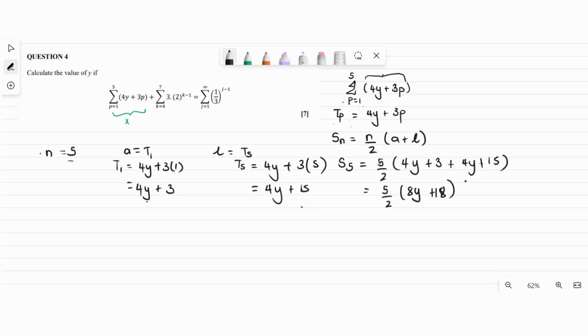So we're going to distribute the 5 over 2. So we're going to have 20y plus 45. And that's for this part. This one I'm going to do in green so that we can see. This part is going to be 20y plus 45. So that's the green one.